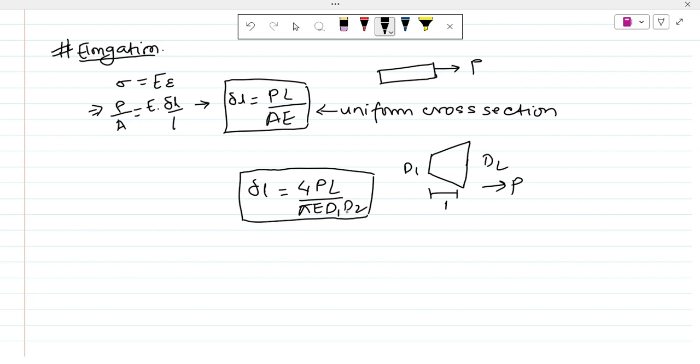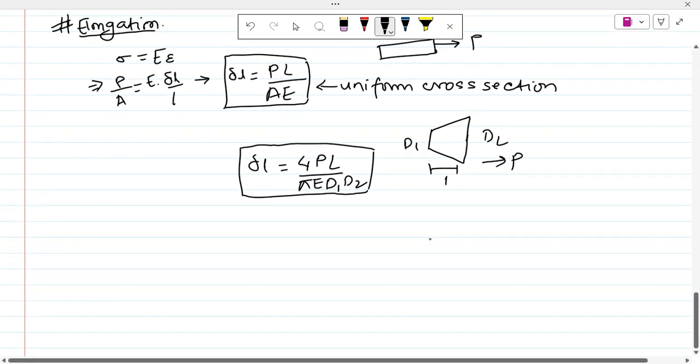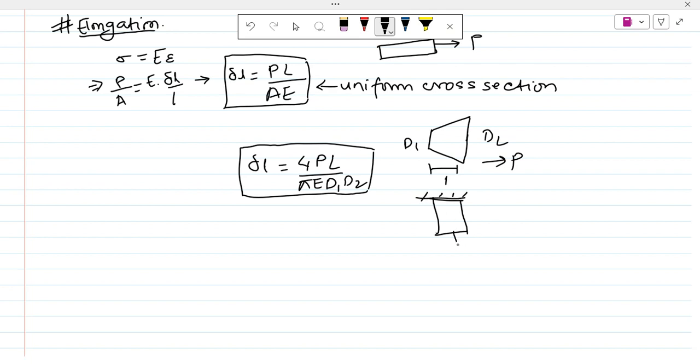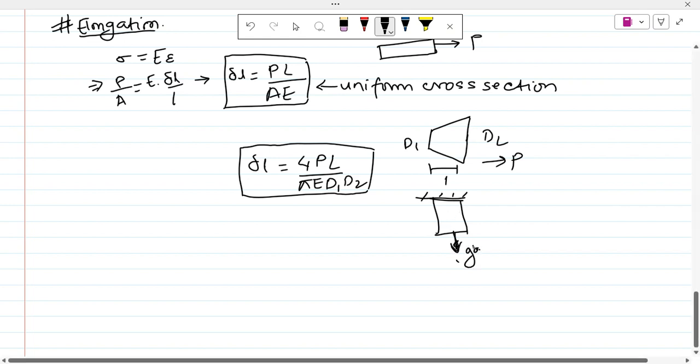And what if there is elongation due to self weight of the material? Self weight occurs like this. This is steel, and self weight is acting there. This is gravity that is acting there, and this creates self weight.